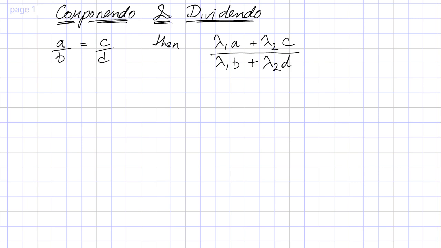Then this new ratio is exactly equal to our original ones, so a over b, or of course c over d.